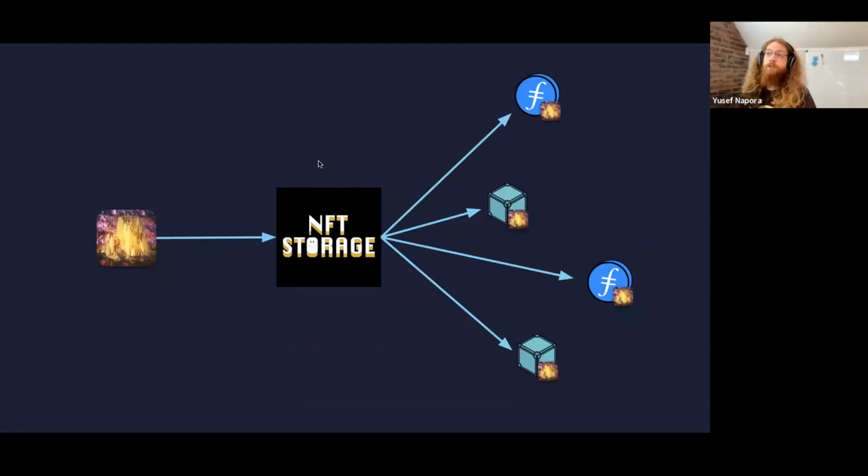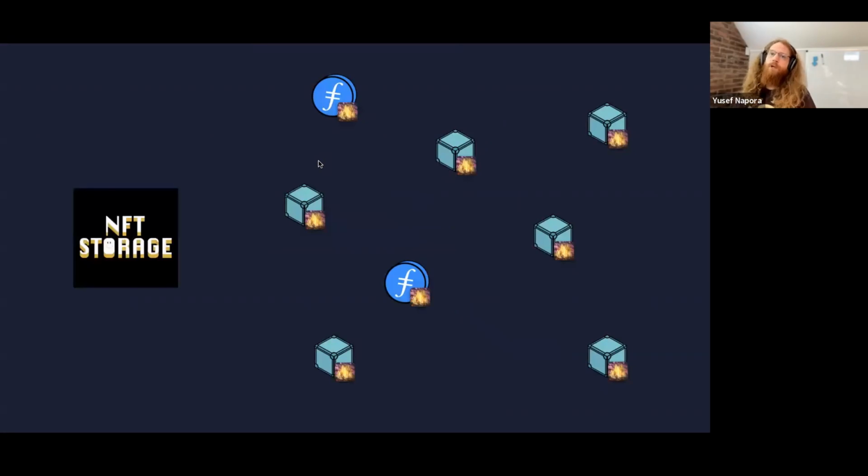And we're also publishing the data to Filecoin. So NFT.storage will basically batch up lots of small pieces of data into the format that is most attractive to Filecoin miners. And they will go scoop it up and store it for multiple years. NFT.storage will also periodically renew the deals over time. So all this is behind the scenes.